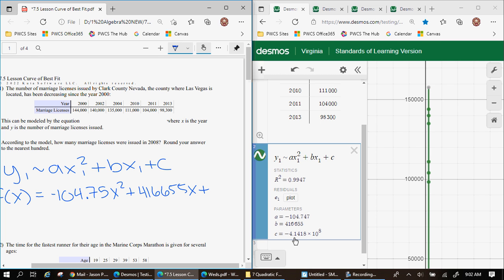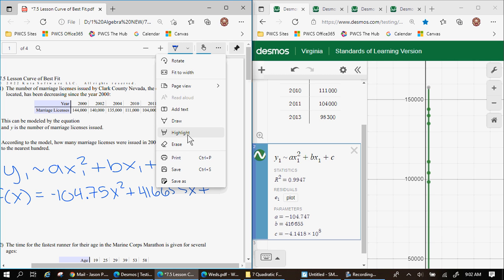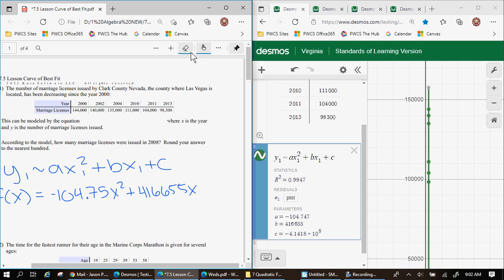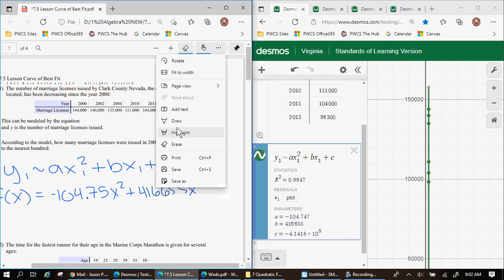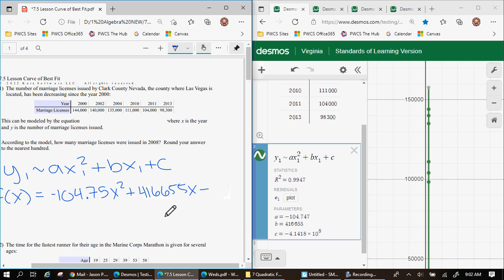That means we take this decimal place and move it 8 places to the right. I'm going to have to write this under here so I have some room. And that is a minus, not a plus, Mr. Pickard. So we're going to move that decimal place 8 places to the right. So what that means is we're going to end up with 4 zeros.